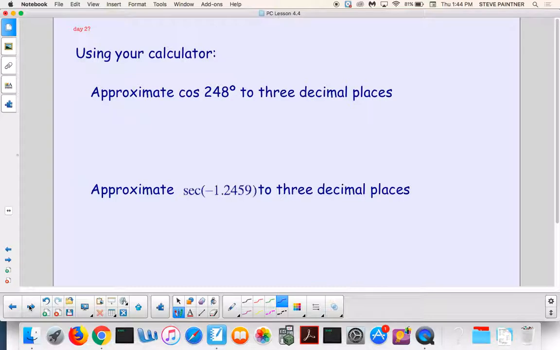Use your calculator. Go ahead, do it. This is great. Come on. Get an answer. Approximate this: cosine 248, roughly to the nearest 3 decimal places.